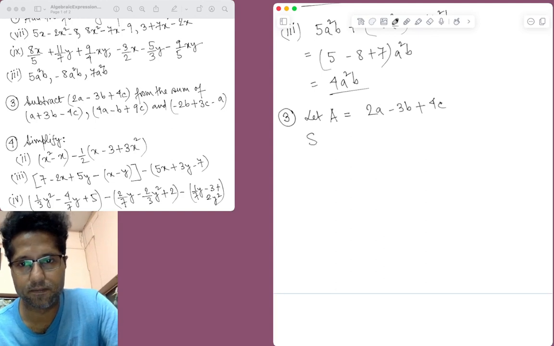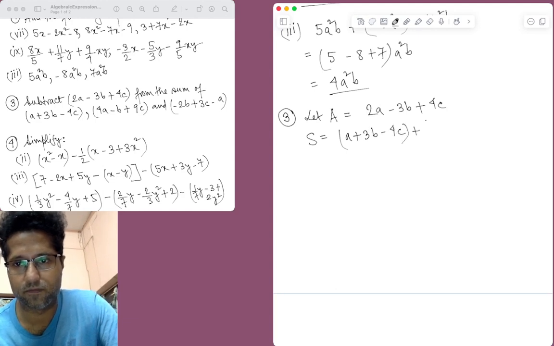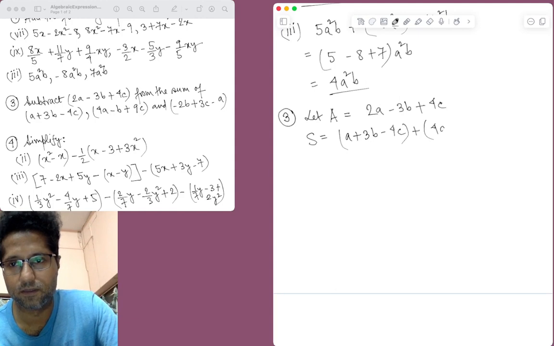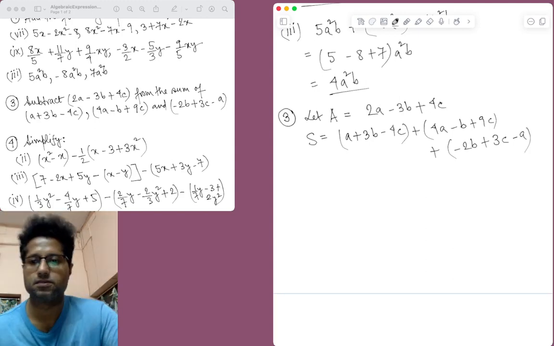Let's say the sum equals A plus 3B minus 4C. We have to find the sum of the given three algebraic expressions. So let the sum be S. We have to find this first, and then we will subtract A from S.